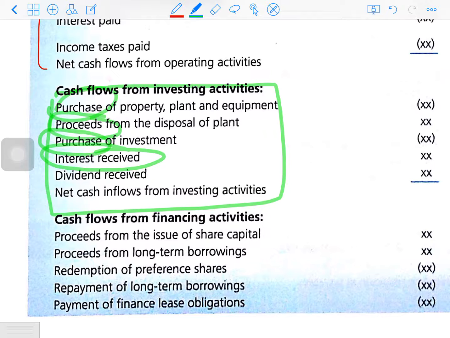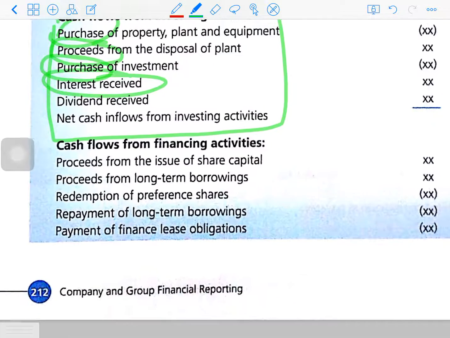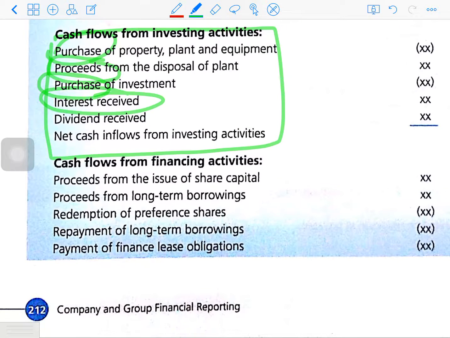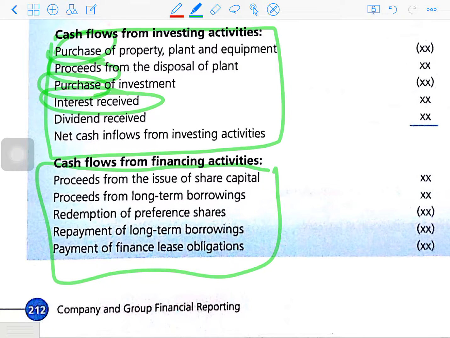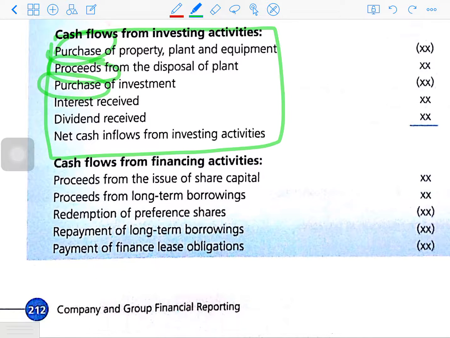Normally, interest can also mean interest from financing activities, like interest expense. It could be under financing activities here. But normally, if you have interest received, it could be received from your investments, investment of non-current assets, like long-term investment.